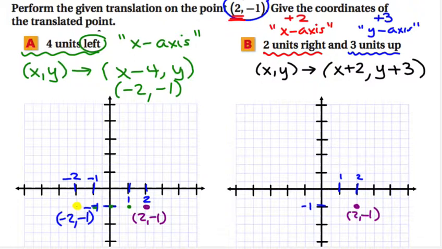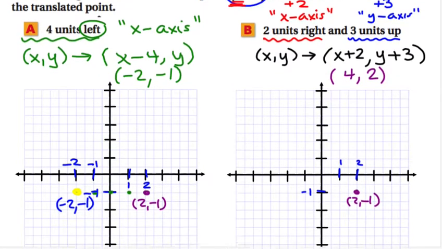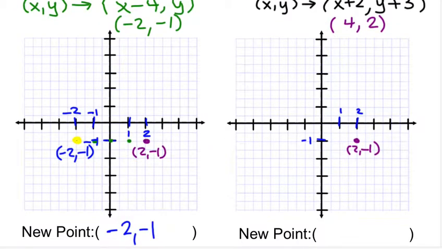So now what our new point will look like: 2 plus 2 is 4, and then -1 plus 3 is 2. So that should be our new point. Now let's physically move it on the graph and see, do we get a finishing point of 4, 2? So we're going to go to the right 2. There's one movement. Here's a second movement.